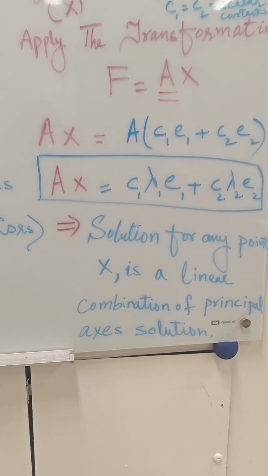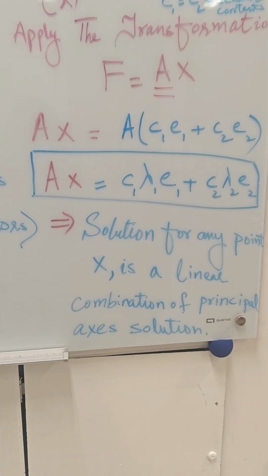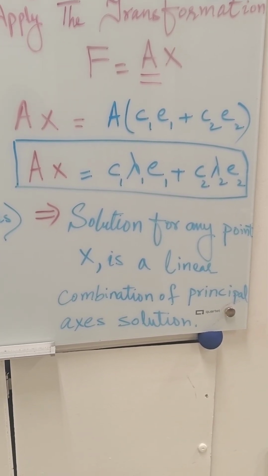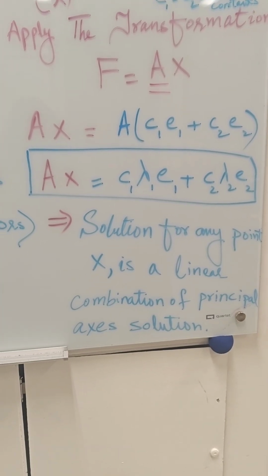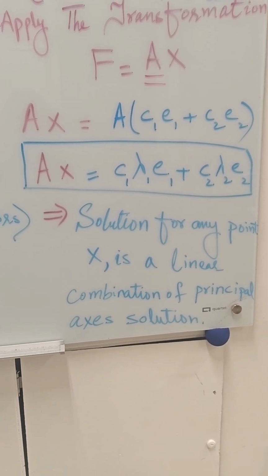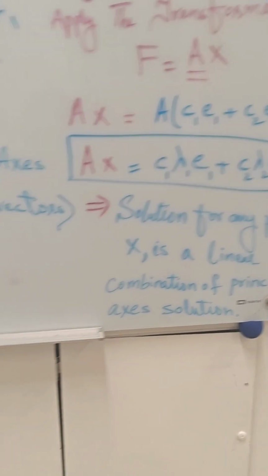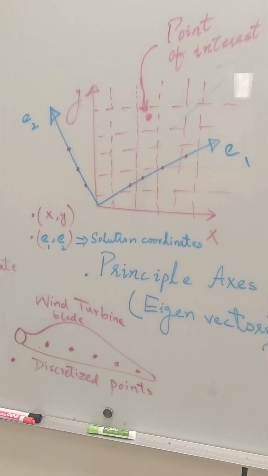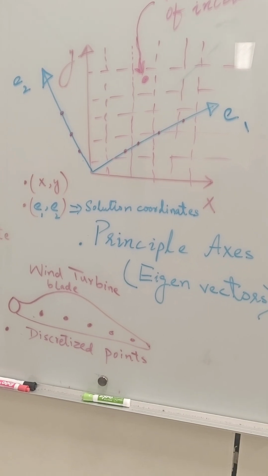Now this solution, Ax = C1 lambda 1 E1 + C2 lambda 2 E2, would rotate as well as compress or stretch your point of interest, or these discretized points, which are not lying on these E1 and E2 directions or eigenvectors.